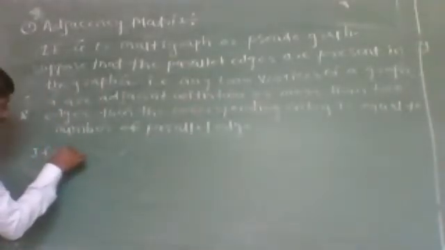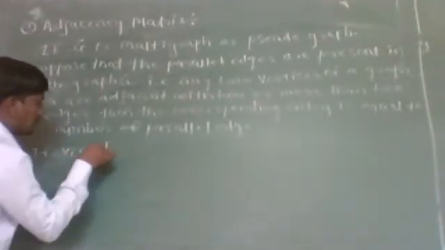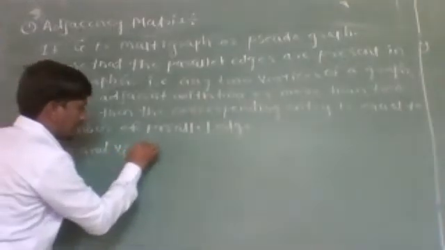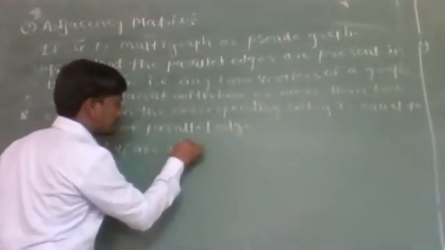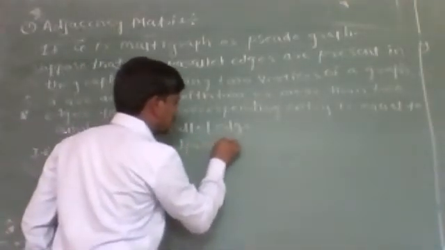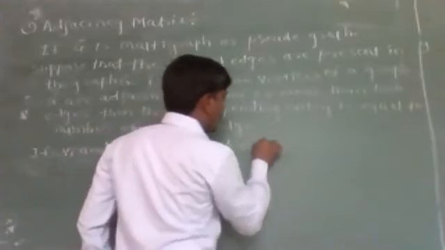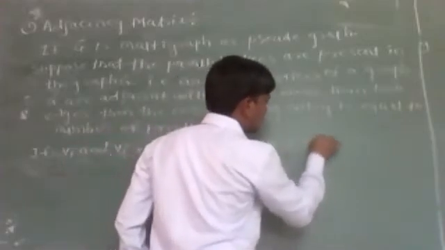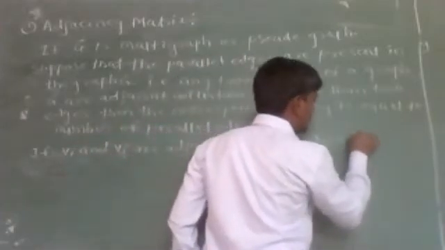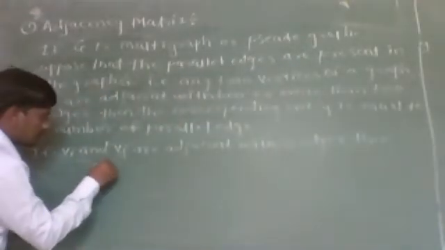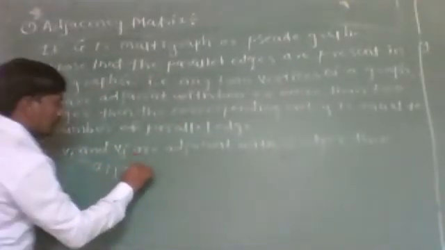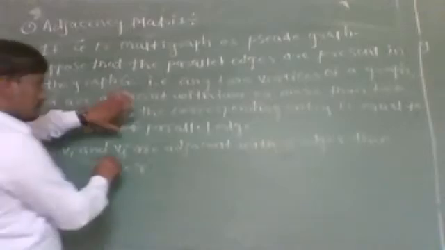That is, if vertices Vi and Vj are adjacent with R edges, then Aij equal to R. Now this is for parallel edges.